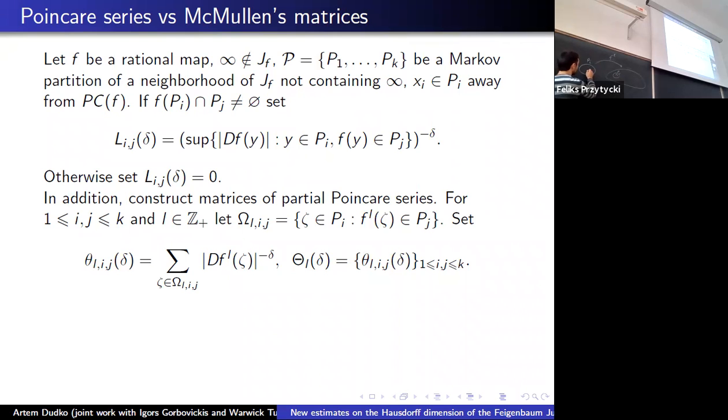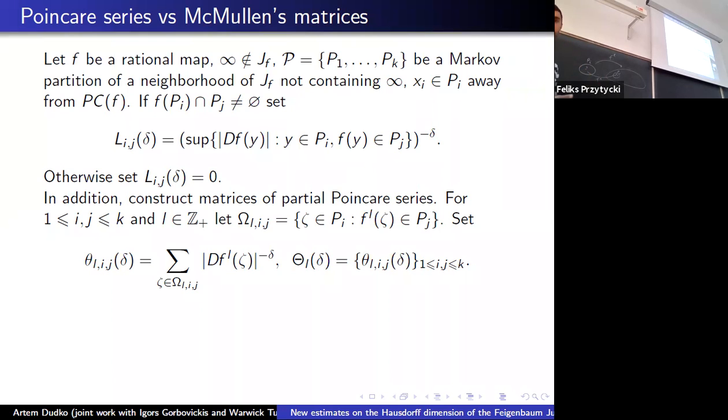And we denote by omega Lij the set of points zeta which are inside Pi and mapped by FL to xj, and introduce the partial Poincare series as the sum of derivatives of FL at zeta, for such zeta, raised to the power minus delta.